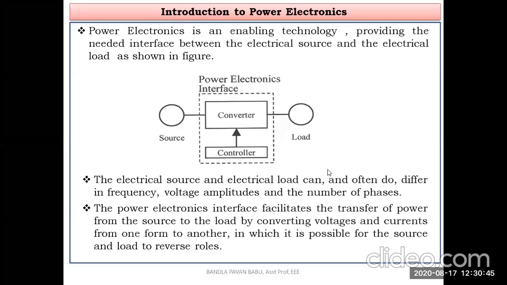We need a certain converter and a filter, and some protection circuit should also be considered. Overall, we are definitely using some power electronic switches or power electronic circuits on the board. This is the process, and it is connected to the load. Later on, we can connect the load, in the sense we can charge the mobile.